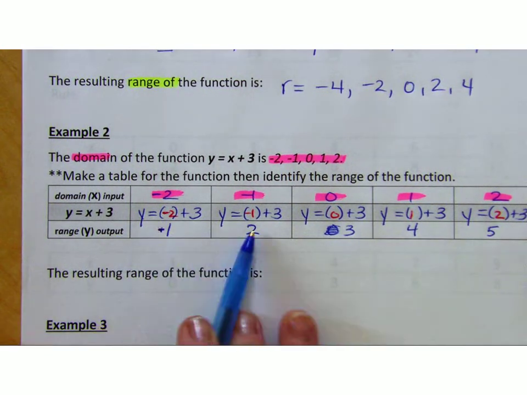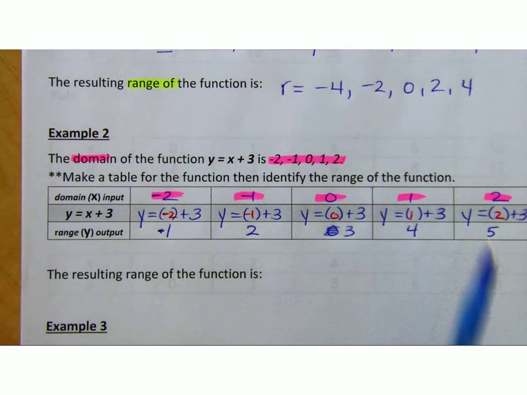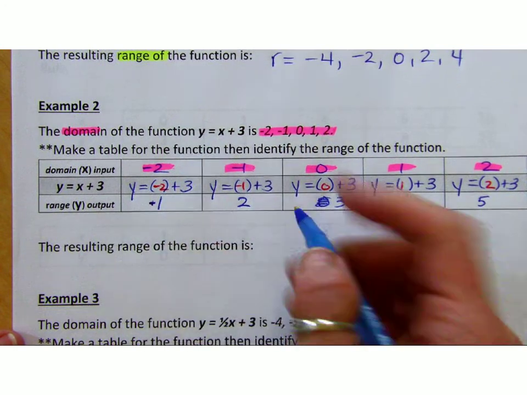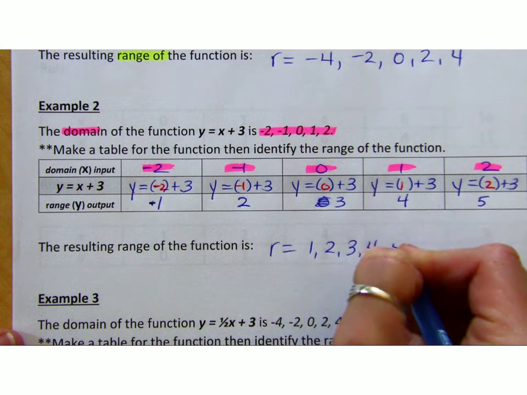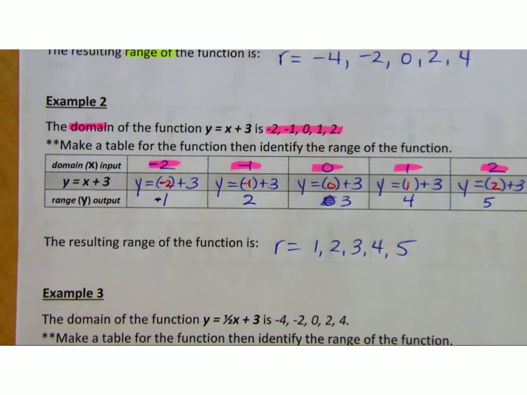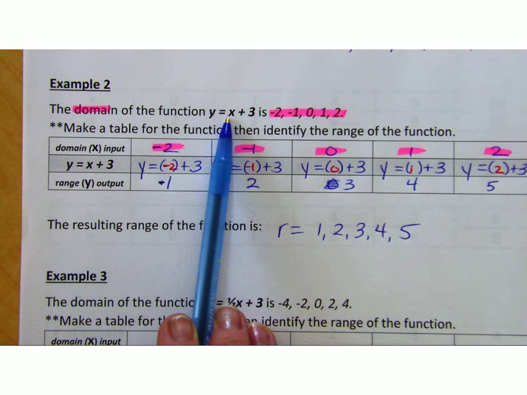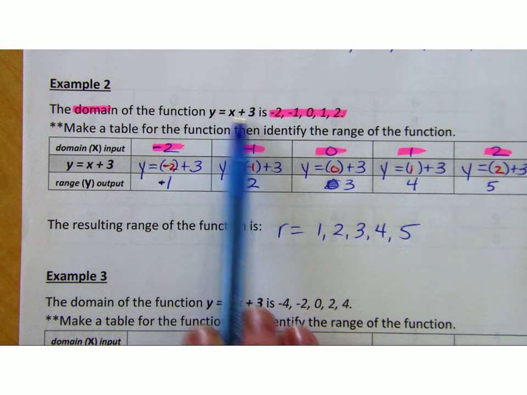That's not always going to happen, but it will when your x values are increasing by the same amount, okay? So now what is the range of this function? It's basically 1, 2, 3, 4, and 5. So listen to this. The y value is basically whatever the x value is with 3 added to it. That's basically the result of that function, okay?